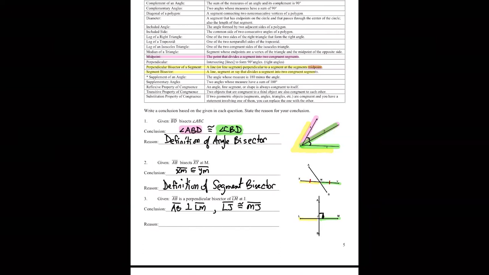All right, and that would be the definition of perpendicular bisector of a segment. Really can't think of any other instances in which you would have a perpendicular bisector other than applying it to a segment. But that's what the title is, so that's what we write.